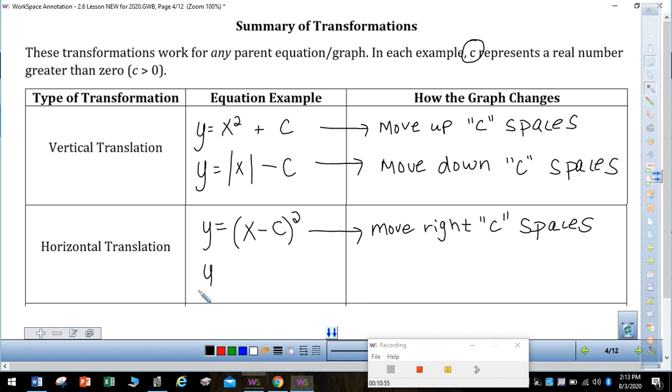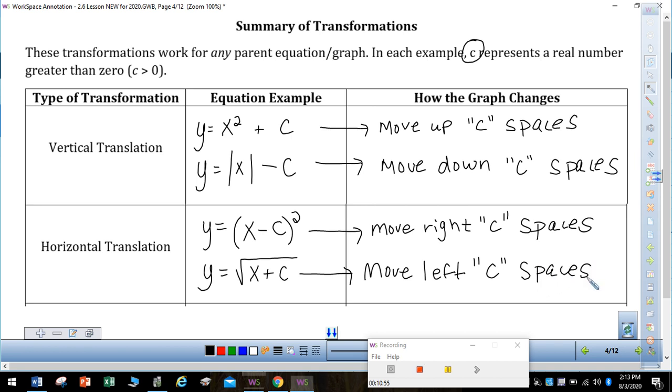I didn't show you square root on Desmos, but it would work the same way. If it was a square root function and we wanted to move it to the left, we would add a number on the inside. Inside for square root just means it's inside the square root symbol. So this is going to move left C number of spaces. And it works that same way with the absolute value, just like I showed you.